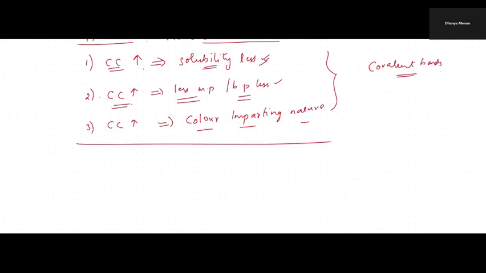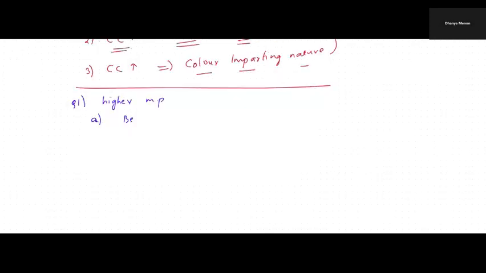For example, if I ask a question, which of the following have higher melting point? Okay. So the first one, beryllium fluoride, magnesium fluoride. Both are ionic. We cannot directly say, so we need to check the covalent character.